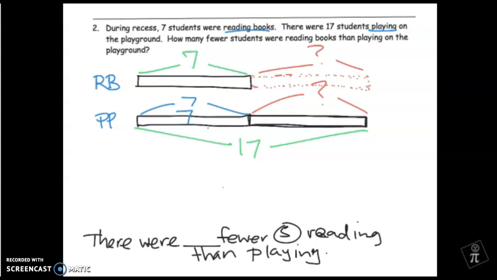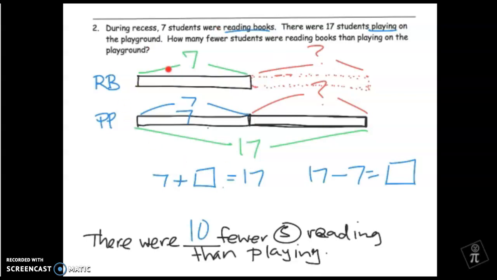What are the ways we could do it? Well, we could think of it as 7 plus what gives us 17. Or another way we could think of it is 17 minus 7 gives us our missing value. And of course we know the answer is 10. But the big thing, parents and teachers, is drawing that tape diagram. That's the focus of this lesson.